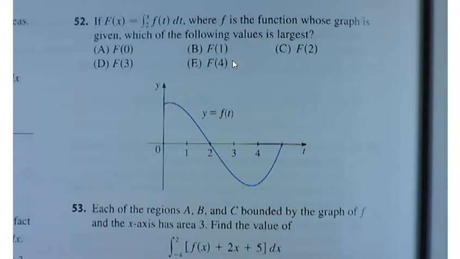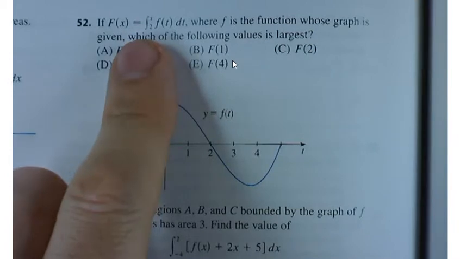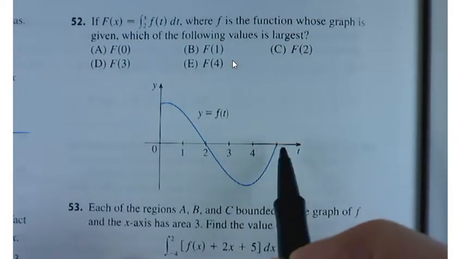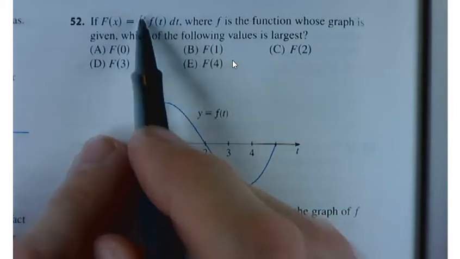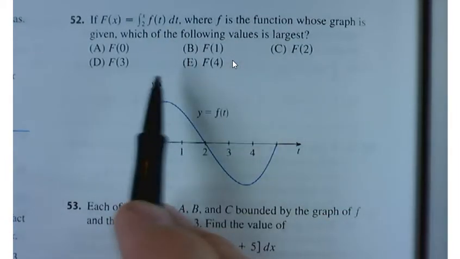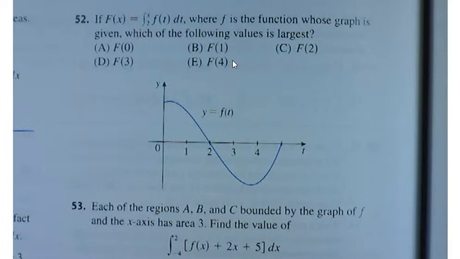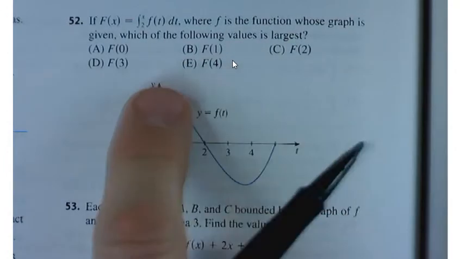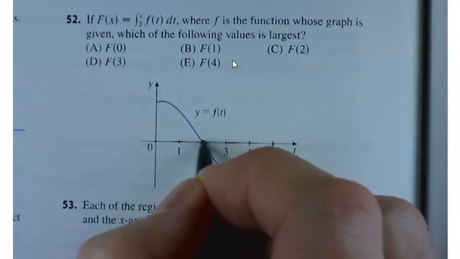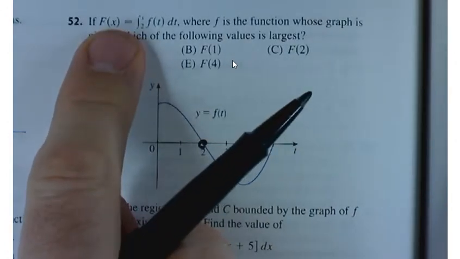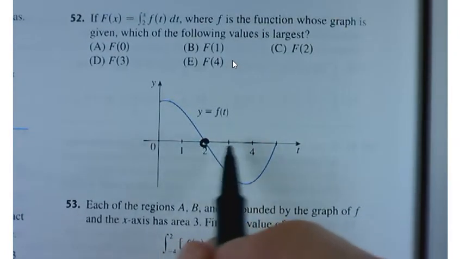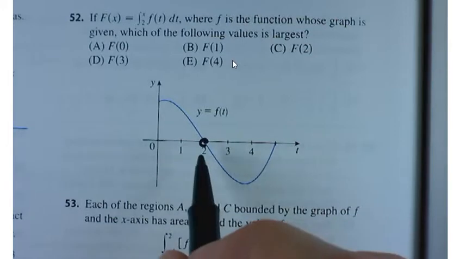Says capital F of x is defined as this function, the integral from 2 to x, and they want you to determine which one of these is going to be the largest. F of 0, f of 1, 2, 3, 4, etc. But keep in mind that this function is really the area to the right of this point 2. From 2 all the way up to 5.